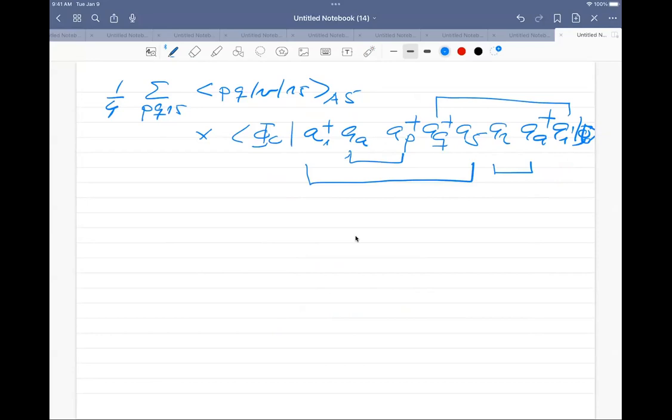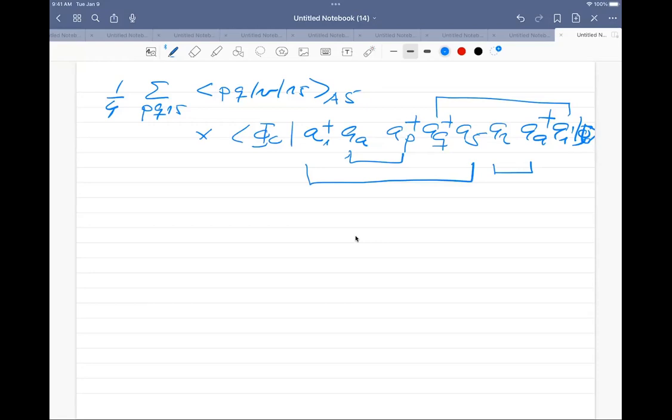Now, when I shuffle around the operators, this is actually going to give me a minus sign, because we have these crossing lines with the hole lines. So remember now that when I take contractions with hole operators, that gives rise to a minus sign. And in this specific case, you can see now that there's a minus sign.